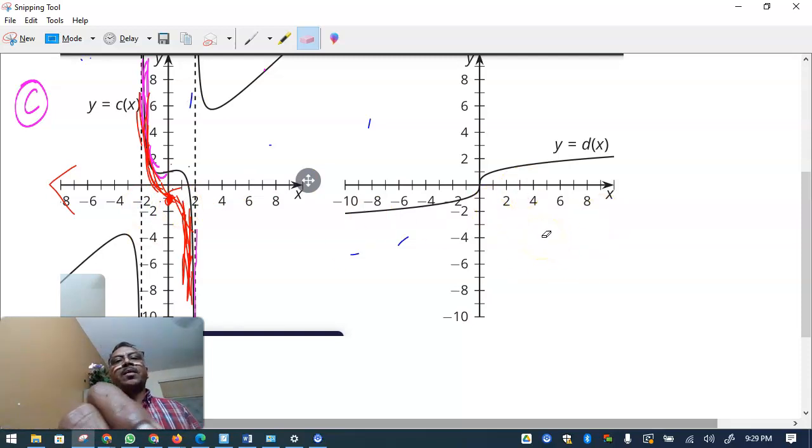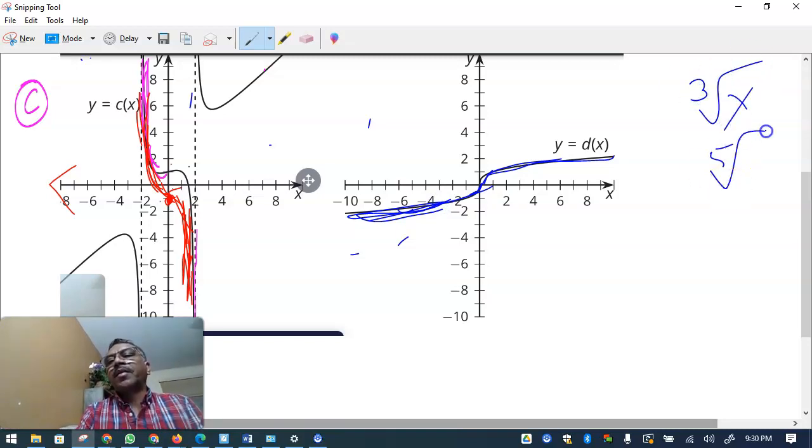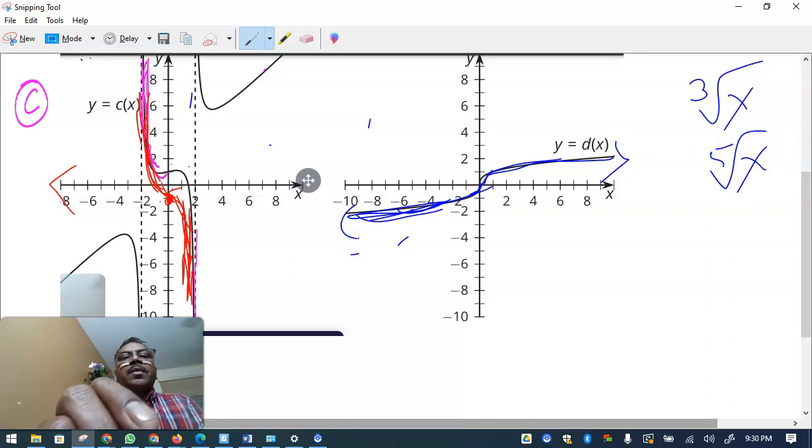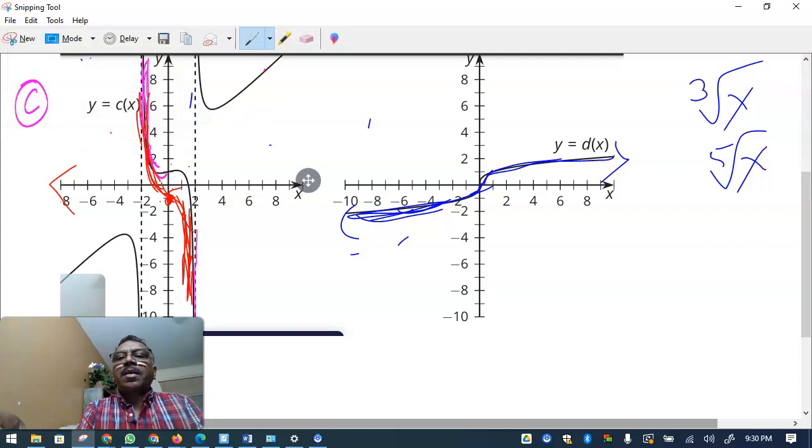What about this one? This is the easy one. If I say this is the blue color, this is actually like the graph of the cube root of x, maybe the fifth root of x. You can check. If you pick a point anywhere, let's imagine I take a point (4, 1.5), I don't know exactly.